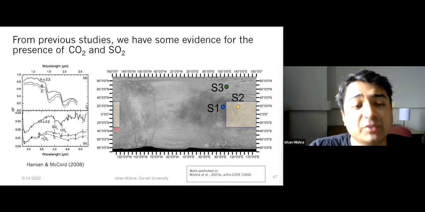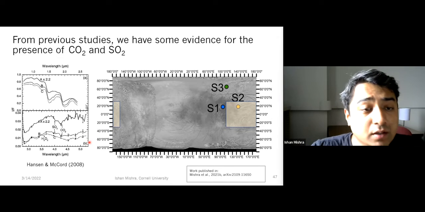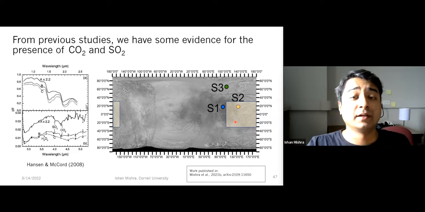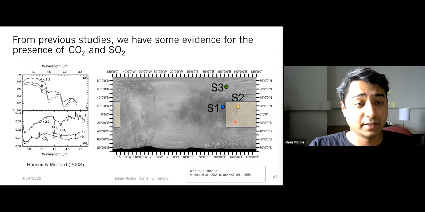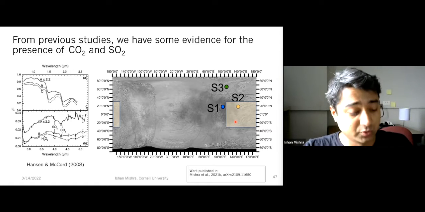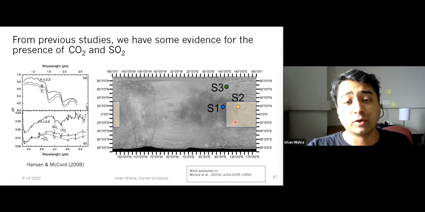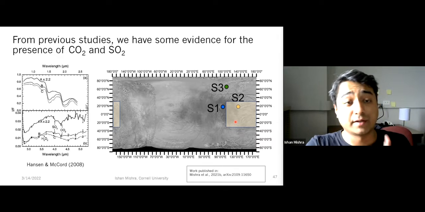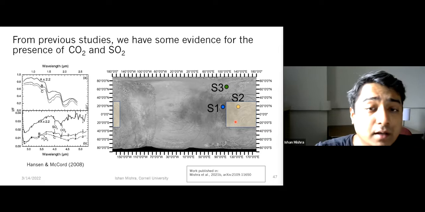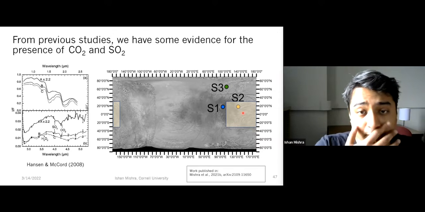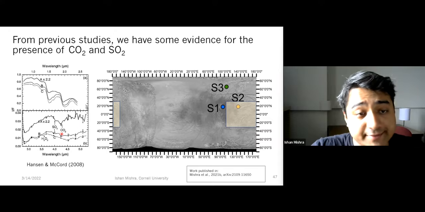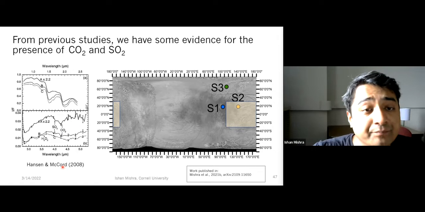The feature strengths were weak, but for carbon dioxide, they found that it was probably correlated with some discolored parts. If there were strong detections, you would say that they are correlated with probably endogenic material. But we were just focusing on this one spectrum, and still, it overlapped with where carbon dioxide was found in this previous study.